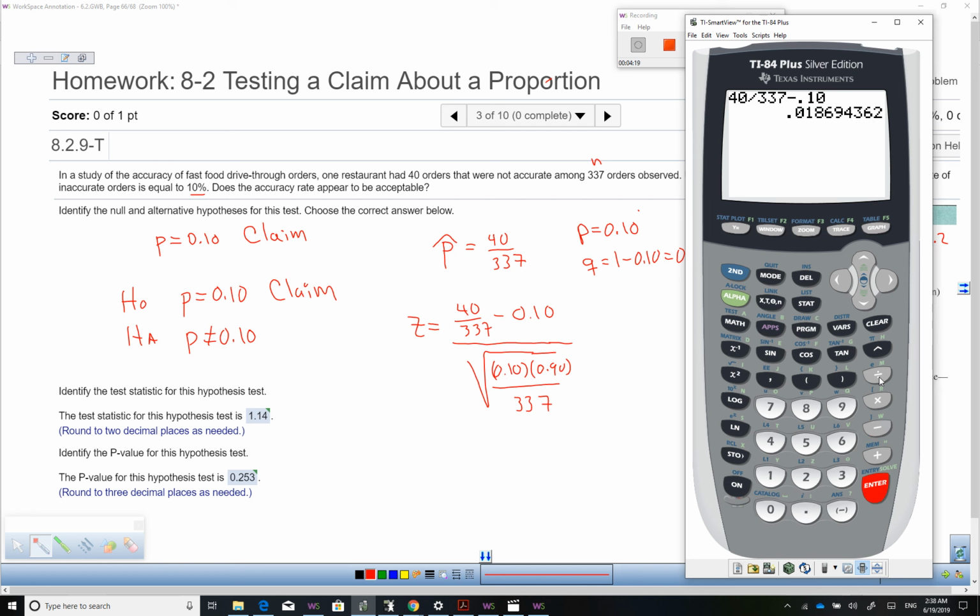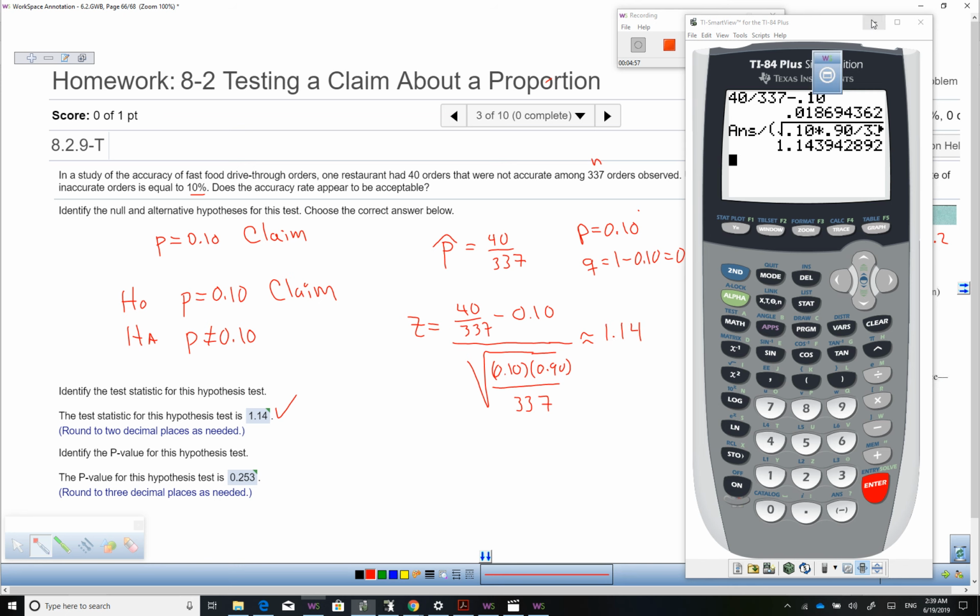All that will be divided by, let me open the parentheses, the square root, x squared here, of 0.10 times 0.90 divided by 337. Now I get out of the parentheses and I press enter. So that is the test statistic, the one I have here. If you round it to the second decimal place, this is what we have.